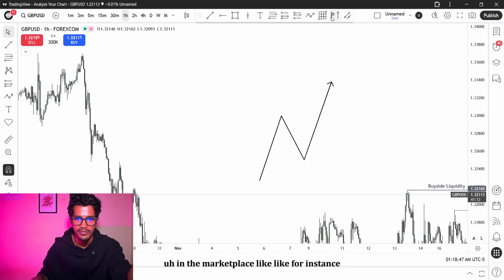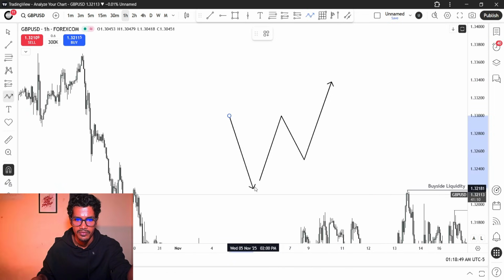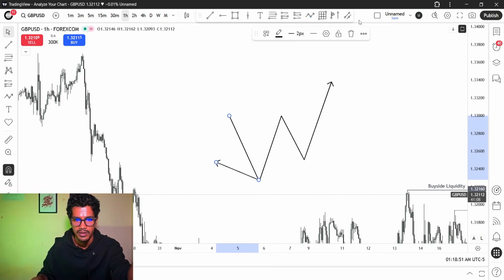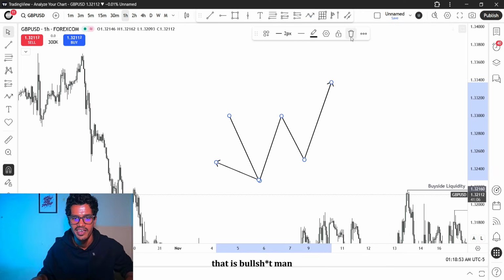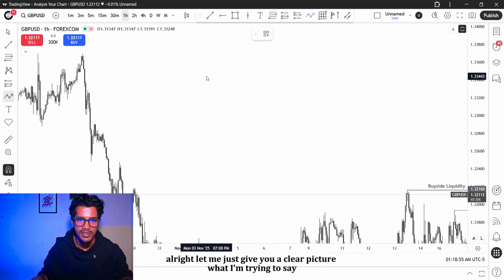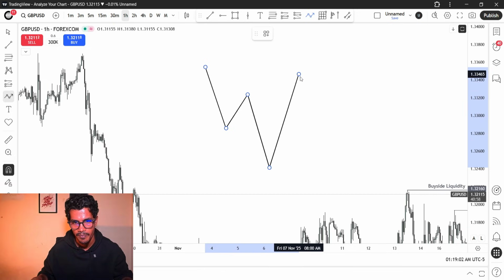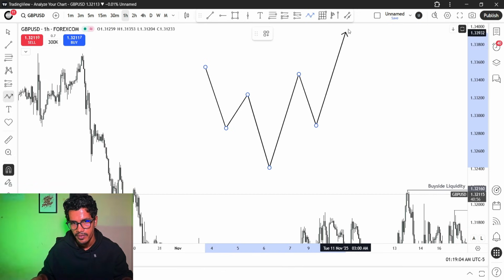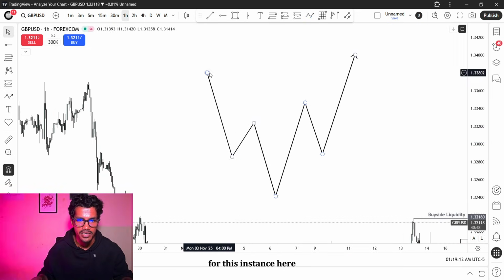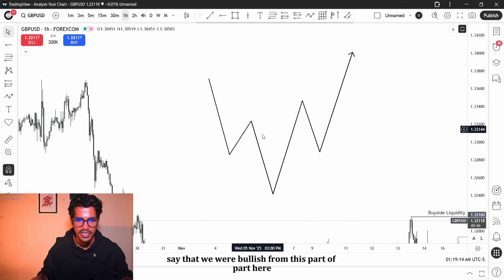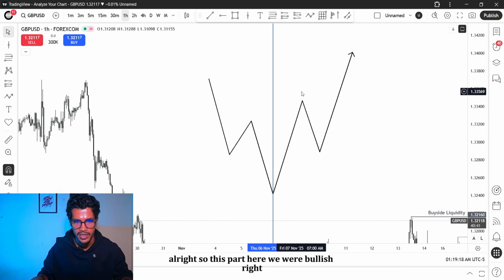Like for instance, from this point, let me just give you a clear picture of what I'm trying to say. All right, so for this instance right here, say that we were bullish from this part here, right?